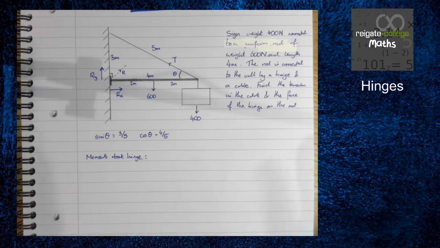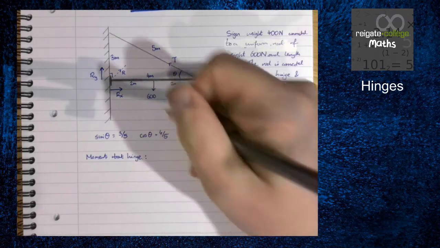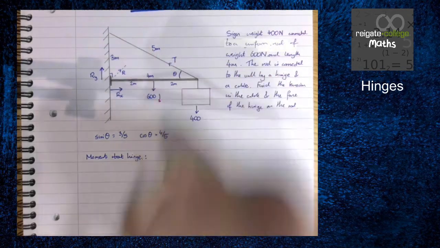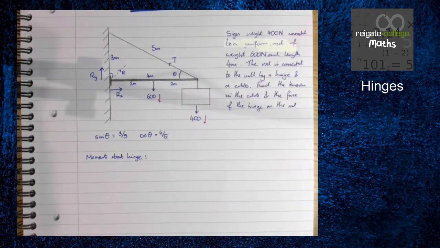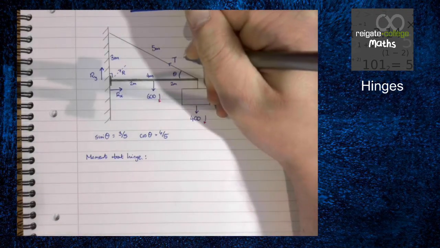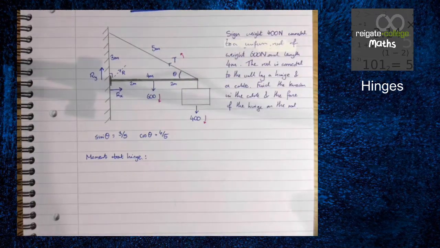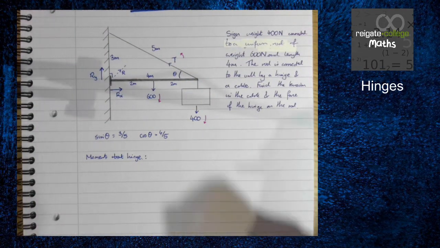We've only got 3 forces that we really care about. We've got the weight of the rod, which is going to cause a clockwise moment. The weight of the sign, which is likewise going to cause a clockwise moment, and then the tension, which is going to cause an anti-clockwise moment. So let's resolve this force.